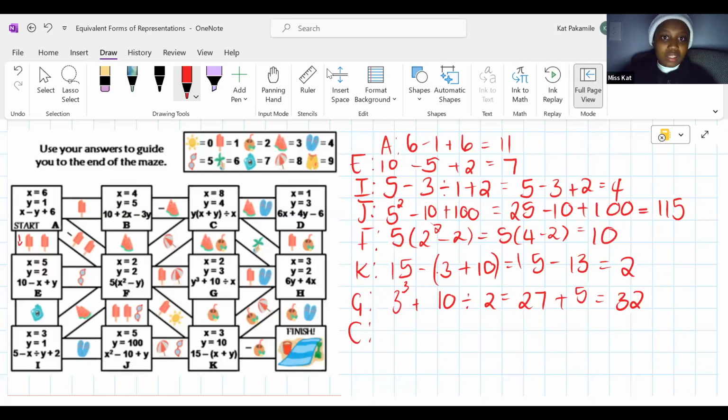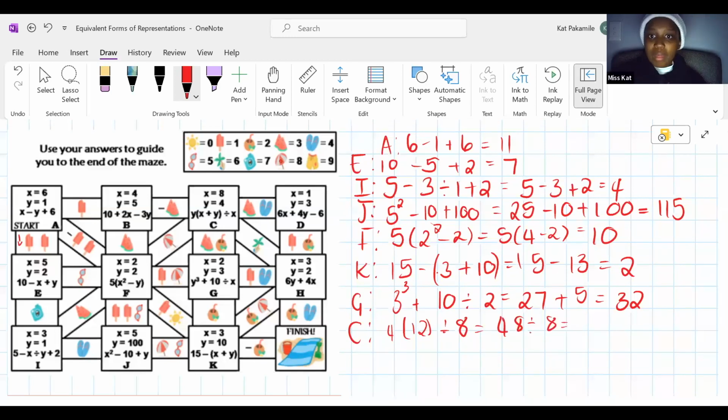Okay, let's hear. What's the answer for C? 4 times 12 divided by x, which is 8. 4 times 12 is 48 divided by 8 is how much?